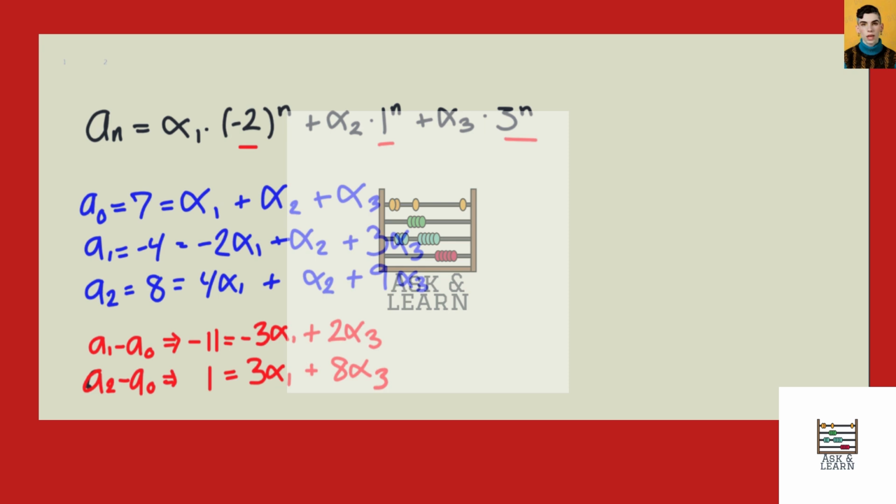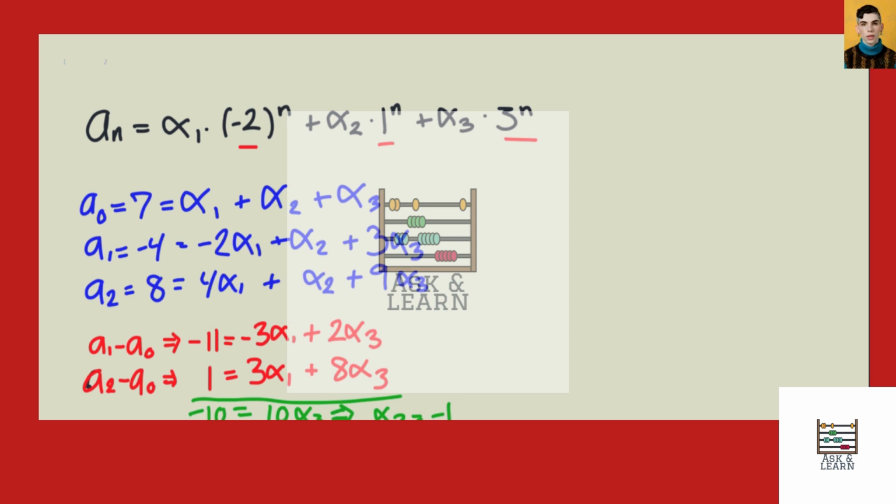Okay, and so this works out nice because we can now add these two equations together, and that first variable, the alpha 1, will cancel out. Right, so if we just add these two red equations, we end up with negative 10 is equal to 10 alpha 3. So from that, we know that alpha 3 must be equal to negative 1.